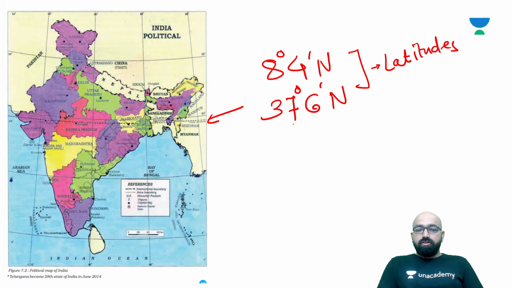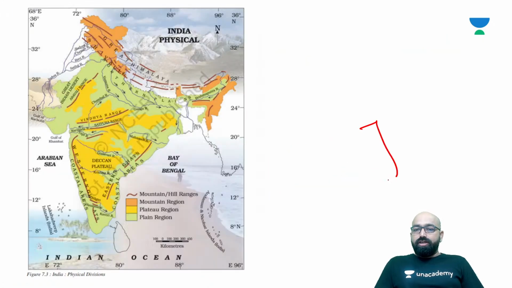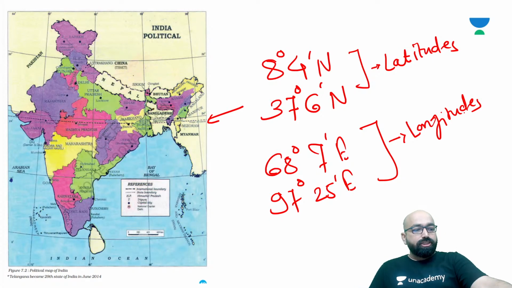Whereas from west to east, India extends between 68 degrees 7 minutes east and 97 degrees 25 minutes east longitude. So this is the location of our country.